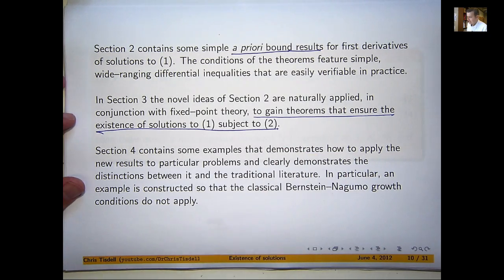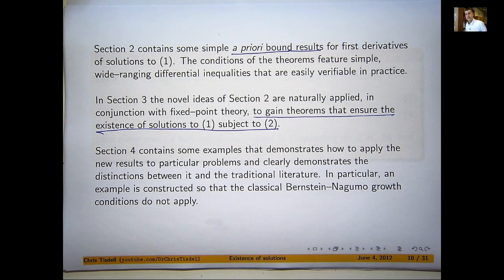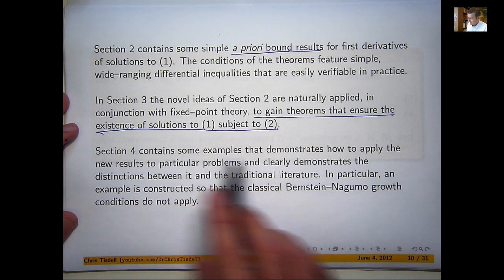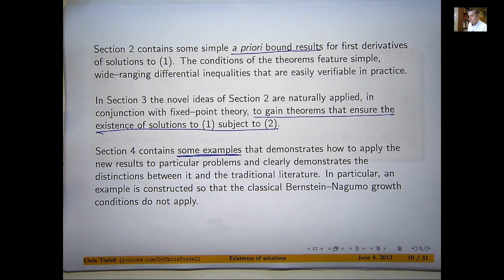So the theorems from this section will involve sufficient conditions under which the boundary value problem under consideration will admit at least one solution. And finally, section 4 contains examples. So the first 2 sections are quite abstract, but section 4 gives you some idea of how to apply these abstract theorems.